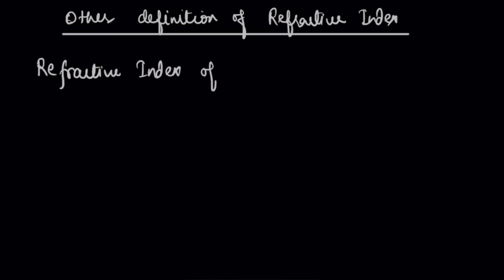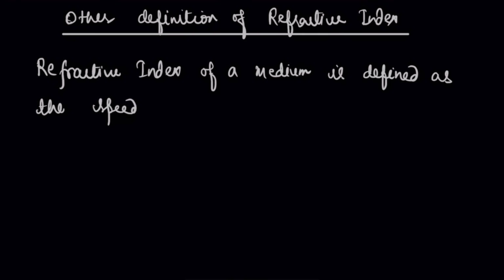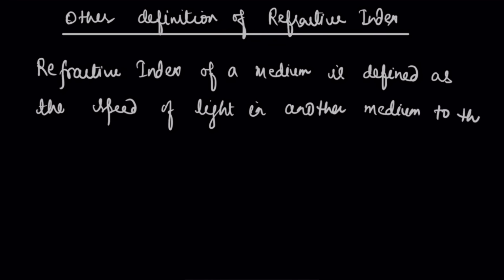The refractive index of a medium is defined as the speed of light in another medium to the speed of light in the same medium.